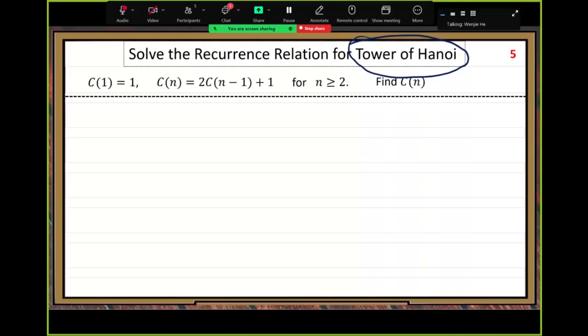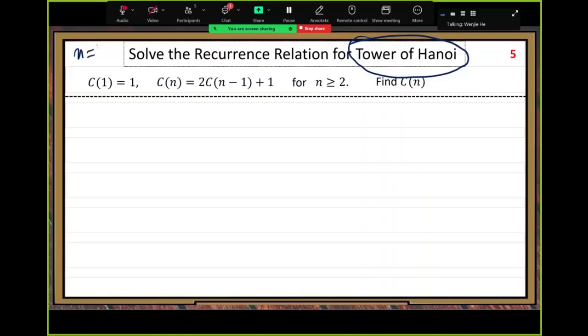Remember, at this point, we have not known how many disk moves for n disk problem, right? Remember, at the time when we solved that problem before, I gave you the answer when we have 3 disks. So n equals 3.